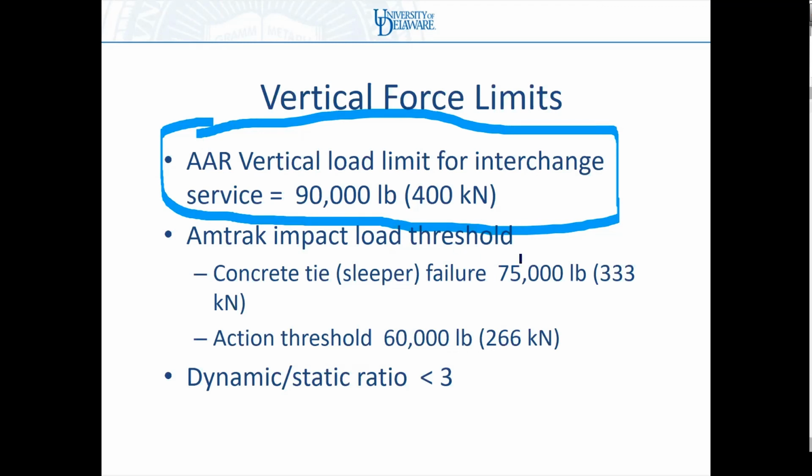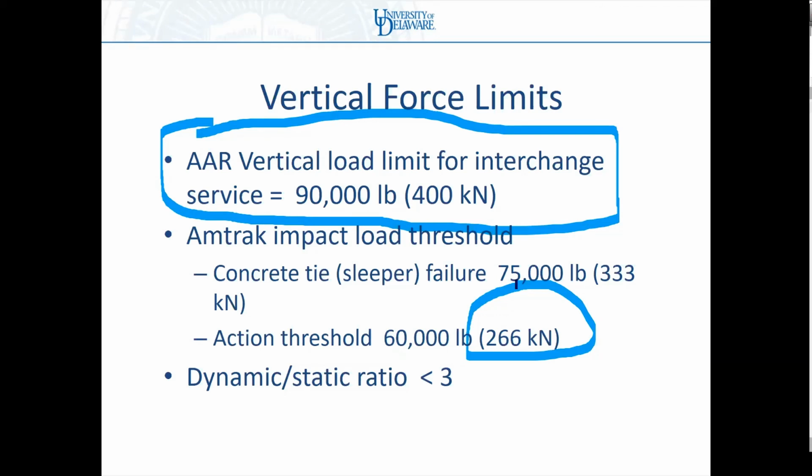Amtrak in the Northeast Corridor right now has a limit of about 266 kilonewtons. If they measure a dynamic force greater than 266 kilonewtons, they will take action. They will remove that vehicle and replace the wheels or take the vehicle out of service.